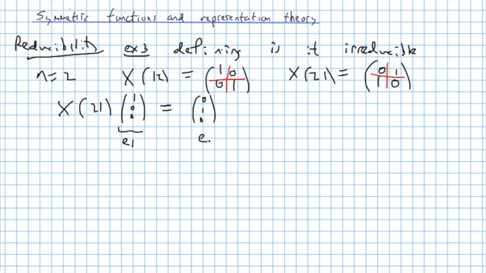So a permutation matrix sends E_i to E_j if the permutation sends i to j. Makes sense, right? So a permutation matrix is moving these elementary vectors according to the way the permutation is acting on the elements 1 up to n.